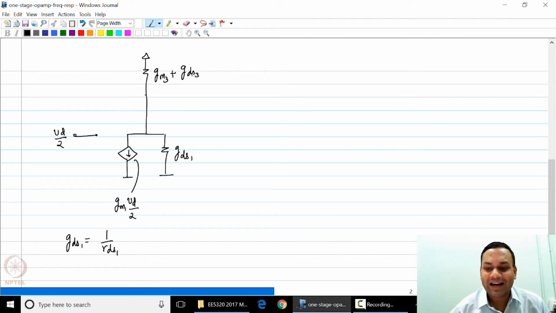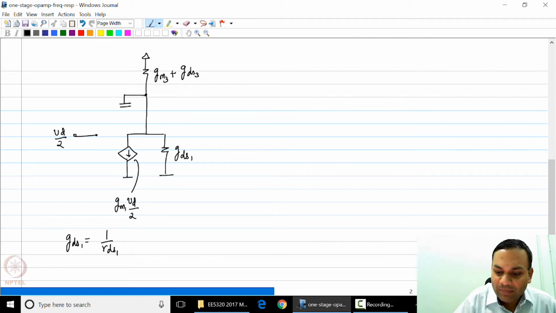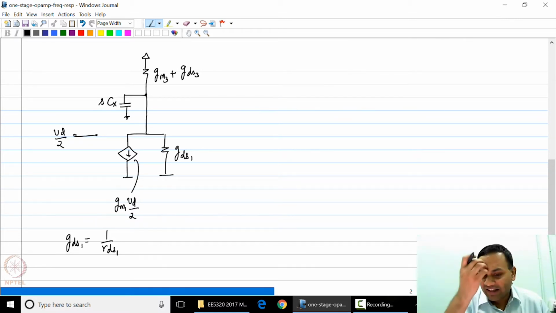This is due to the feedback action. Now apart from this, you also have a capacitance Cx to ground. The imaginary component of the admittance is s times Cx.